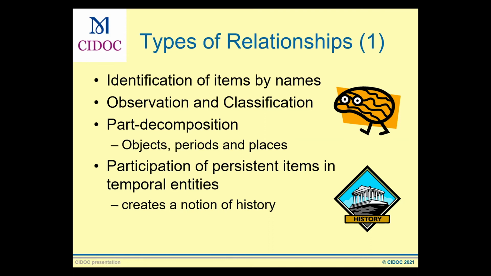And then one of the core concepts really is this idea that persistent items, that is things that if you look away from them and look back at them, you know they're the same thing, participate in things that happen, and that gives us our notion of history. And we drive everything from this core concept.